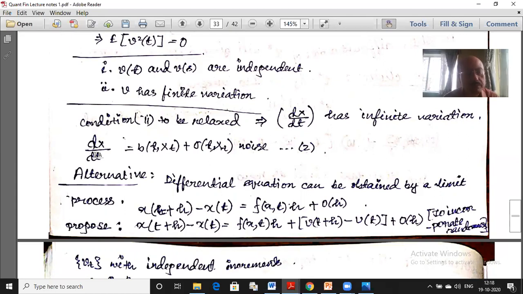Come again? What would be the order of variance for dx/dt? Because originally we were talking about dx/dt, but then we sort of changed track and came to dx. So can you tell me the variance of dx/dt?